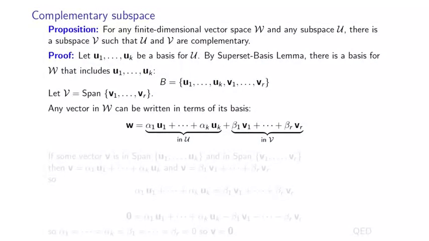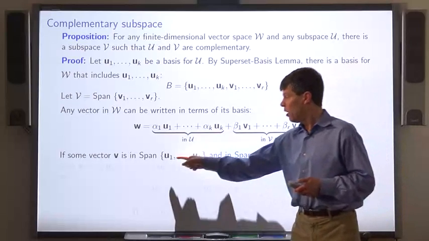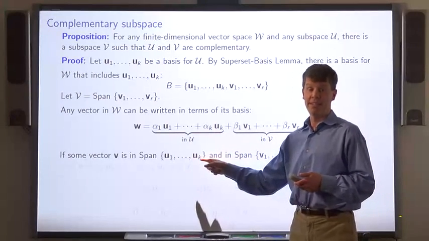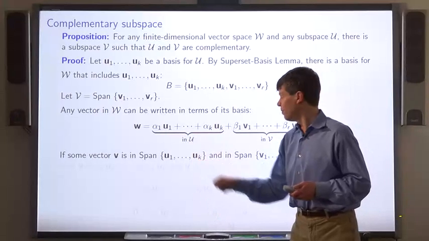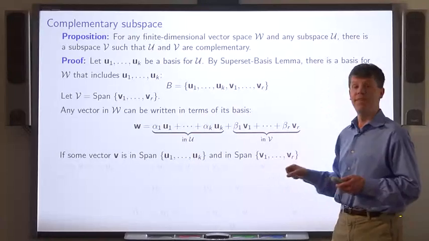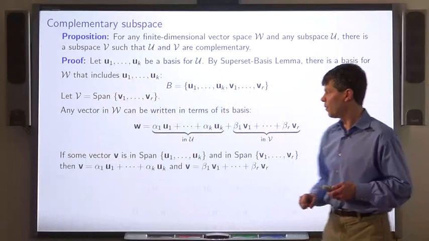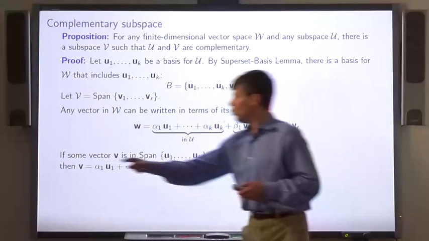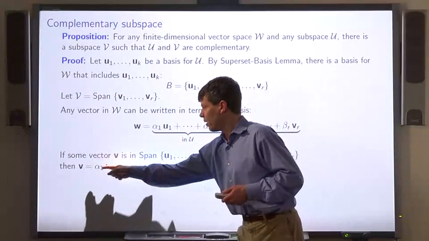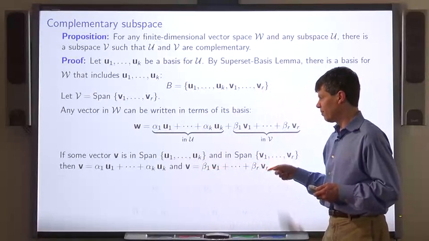Now it remains to show that U and V share only the zero vector. Suppose some vector v lies in the span of U1 through Uk, that is, it's in U, and also lies in the span of V1 through Vr, that is, it's in V. So we write v as a linear combination of each of those vectors.